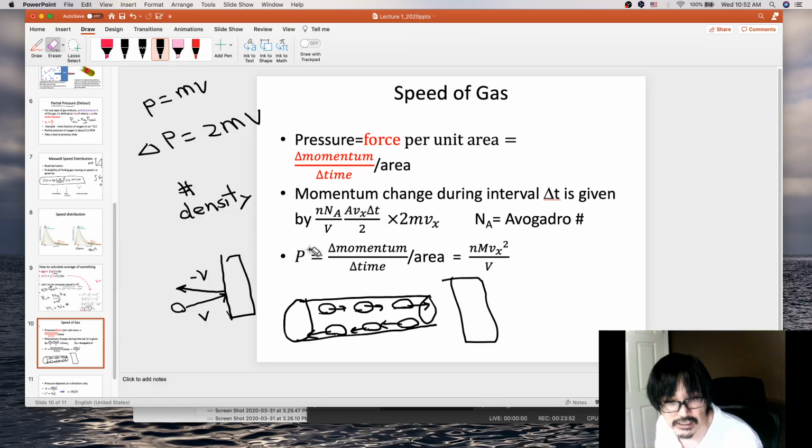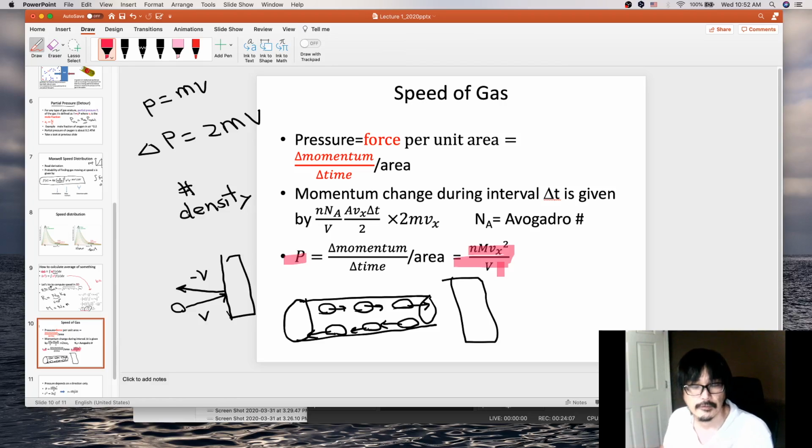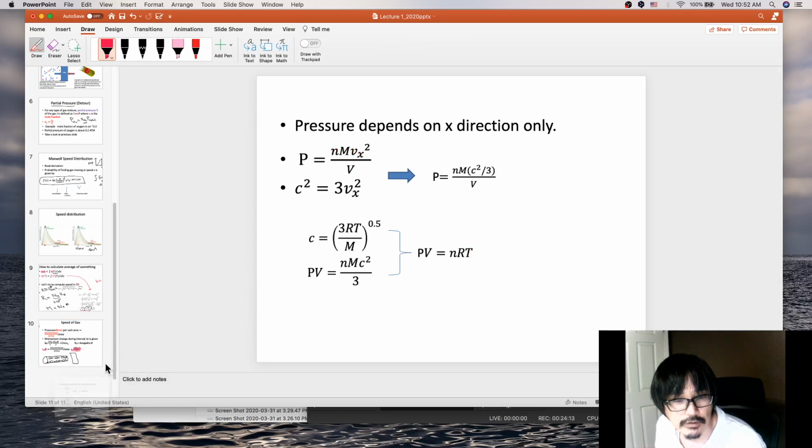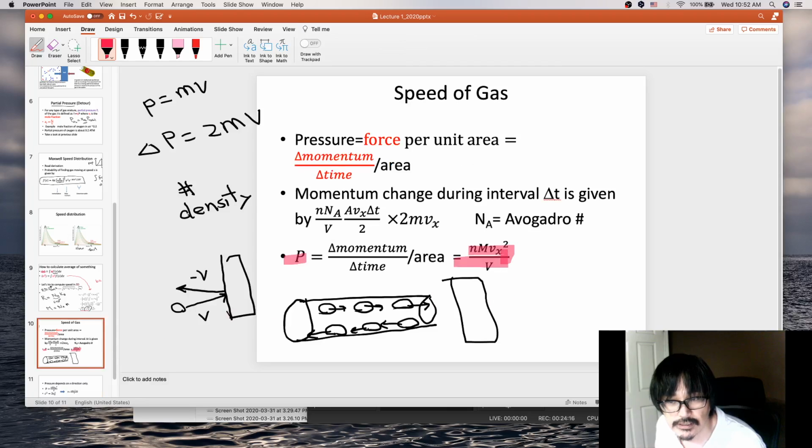So eventually the pressure is actually equal to these things right here. Alright, so we're going somewhere. Note that I should probably mention that this vx squared is in one direction, right? That one direction is the only thing that matters.